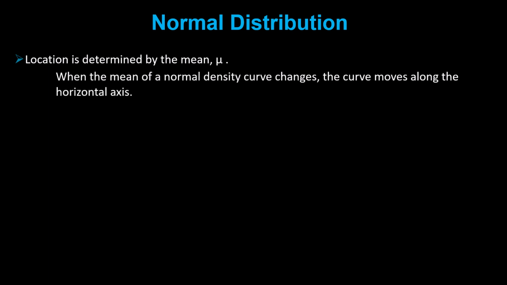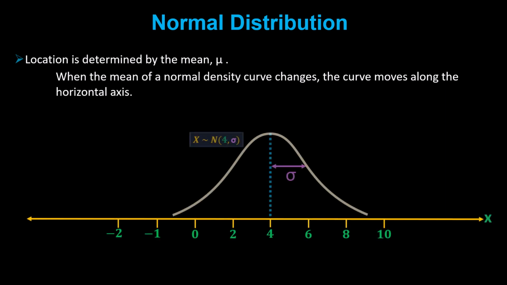When the mean of a normal density curve changes, the curve moves along the horizontal axis. Let me explain this. Here, this is a normal curve and x is the random variable, mean is 4 and sigma can be any value. So I keep sigma fixed, and I change the mean.